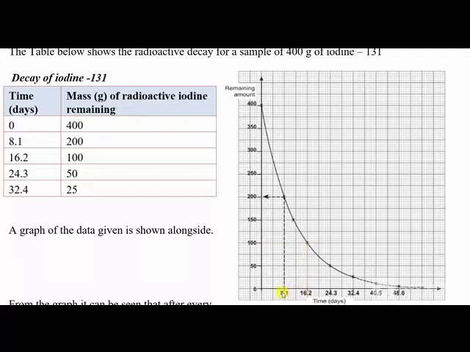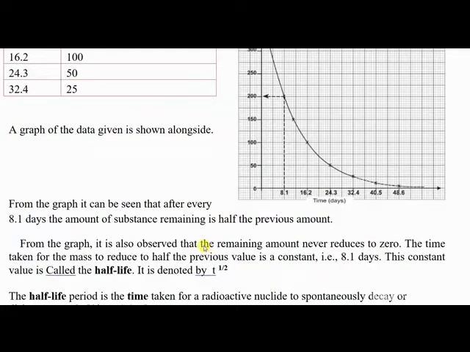But now the difference between 8.1 and 16.2, you find that it is 8.1. So as you move across, you will find the constant number of 8.1. It will take 8.1 days for this nuclide to decay to half its original mass. So for 50 to decay to 25, it will take 8.1 days.